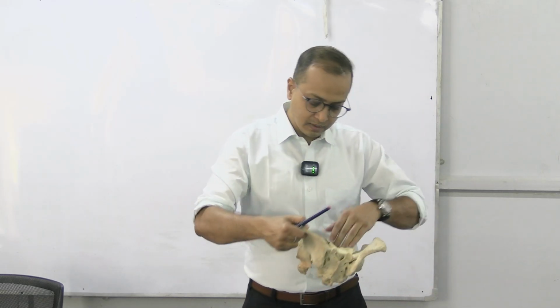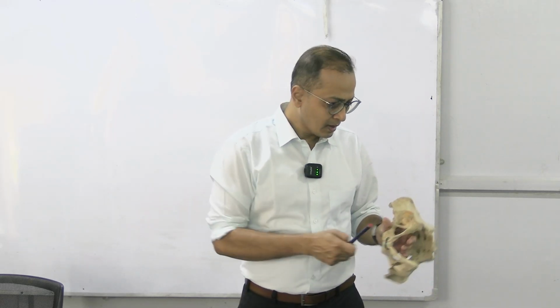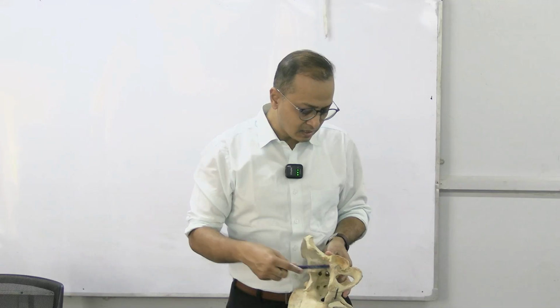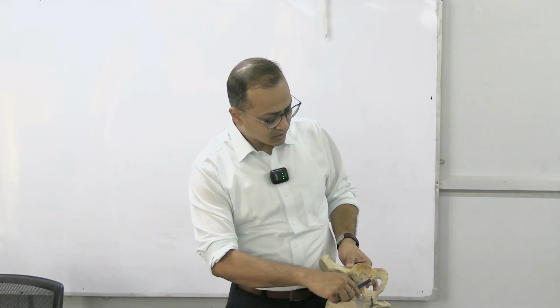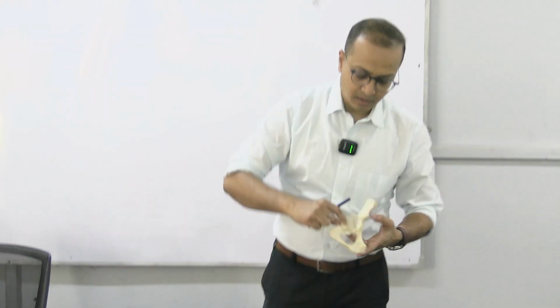So these are the two ligaments we have to add. Between the notch of the acetabulum, we have a ligament joining these two, which we call the transverse acetabular ligament, running across the gap over the under margin.